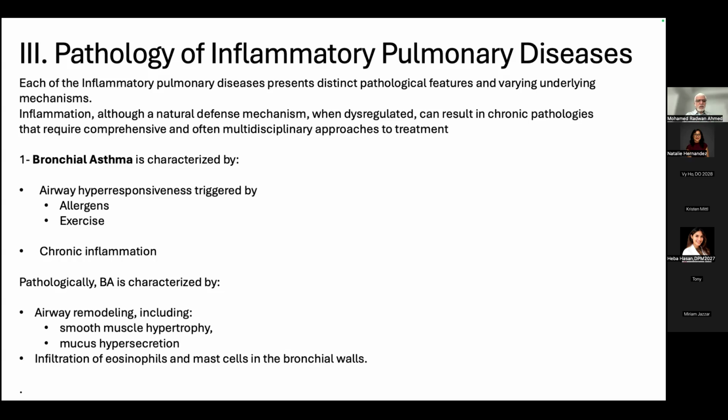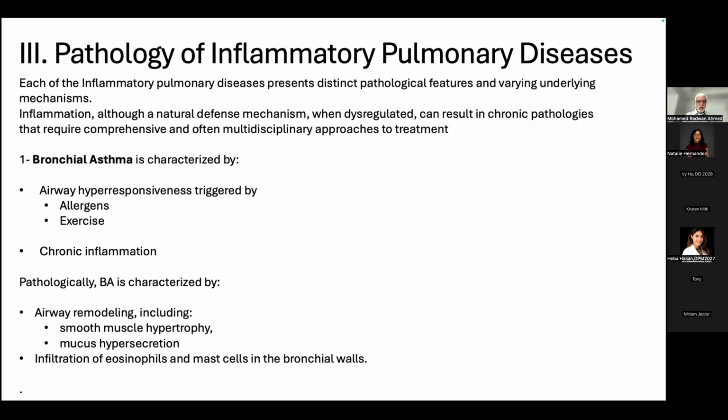So pathologically, bronchial asthma will be characterized by airway remodeling in the long run. The bronchi become hypertrophic. The smooth muscle cells become hypertrophic and produce a lot of mucus to dilute that irritant.